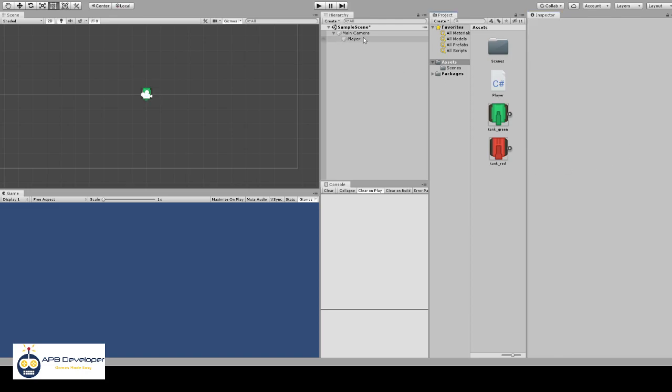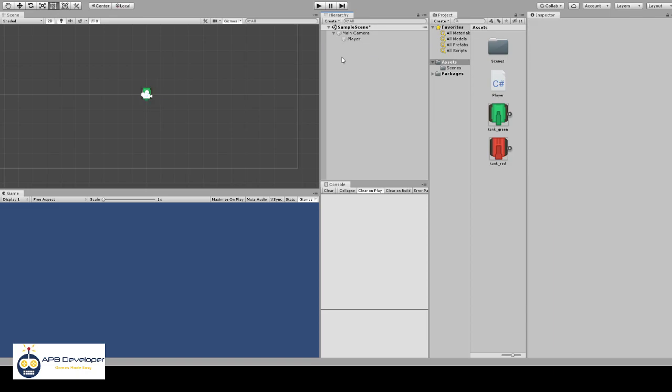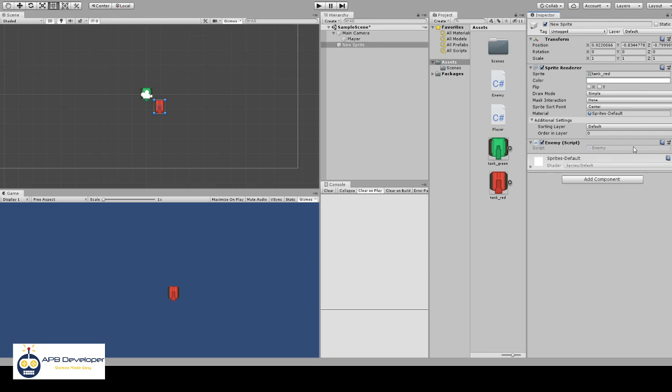Oh yeah, you are. Hard to tell sometimes with software what you can see. So I've created a simple player, and I'll also create a new sprite, and I'll drop the red tank on. So we've got another sprite. Again, I'll add a new script called enemy. Now, that's all we're going to use for this. It's going to be relatively straightforward. I think I'm just going to have to bring in another window so you can see the code.